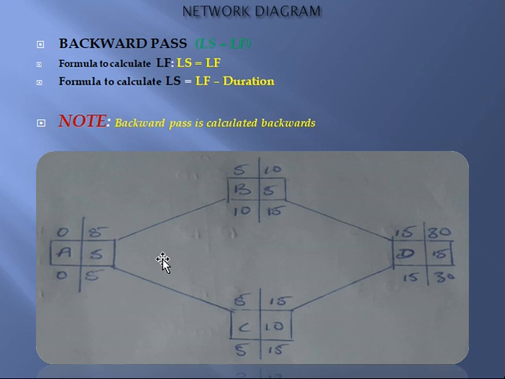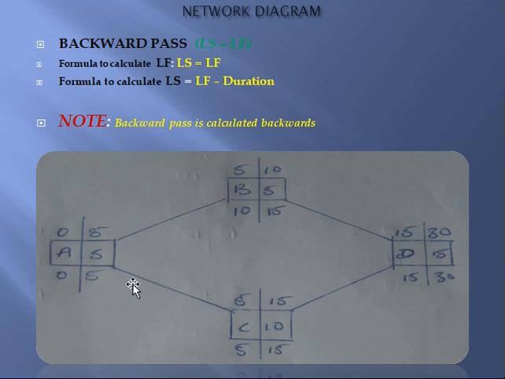Now the reason you are taking 5 as the late finish for activity A is similar to the reason why you took 15 out of 10 for the forward pass. You understand? The reason why you are taking 5 is that for this project to begin, for activity C to begin, it means activity A has to finish on the 5th.